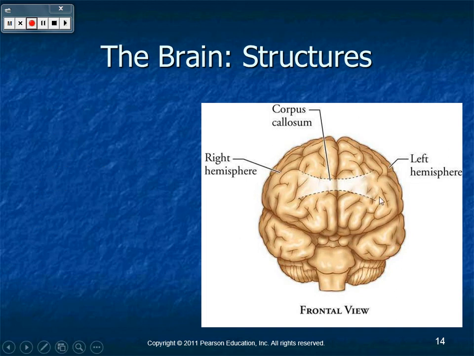If I cut the corpus callosum, they will not communicate. That's the little indentation that you see in the brain, that little valley. That's the corpus callosum. This area in the middle is your corpus callosum, where communication occurs.